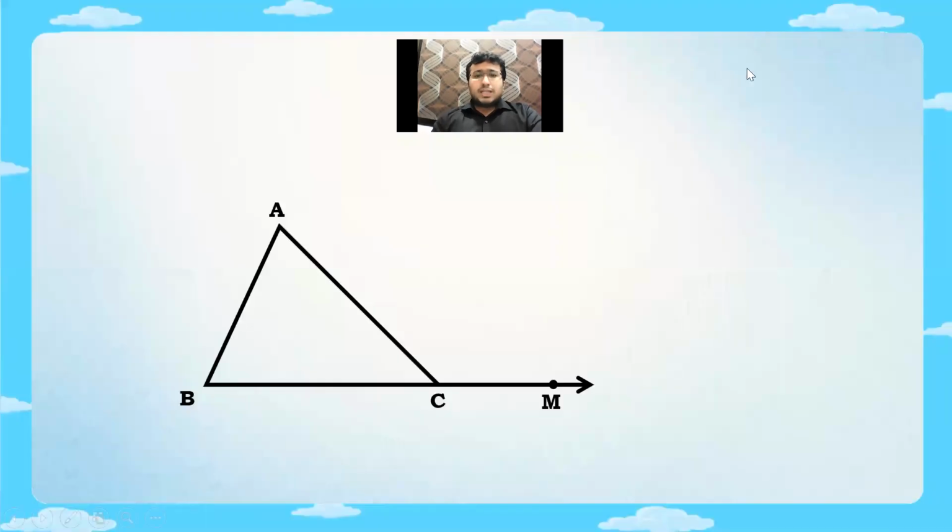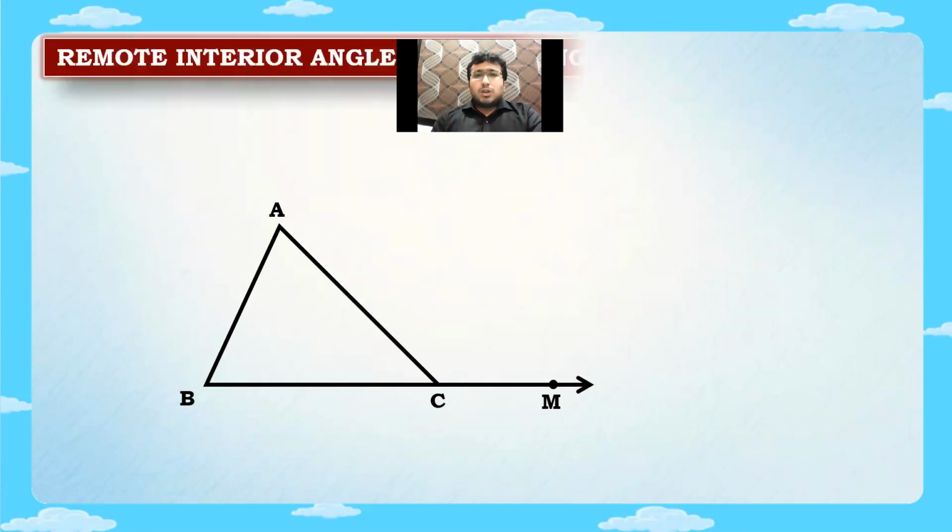Now students, let us understand one very important theorem of this chapter, and a very simple theorem to understand. We are just going to understand the concept now. The proof of this theorem we are going to do later on, and the name of the theorem is the remote interior angle of a triangle.